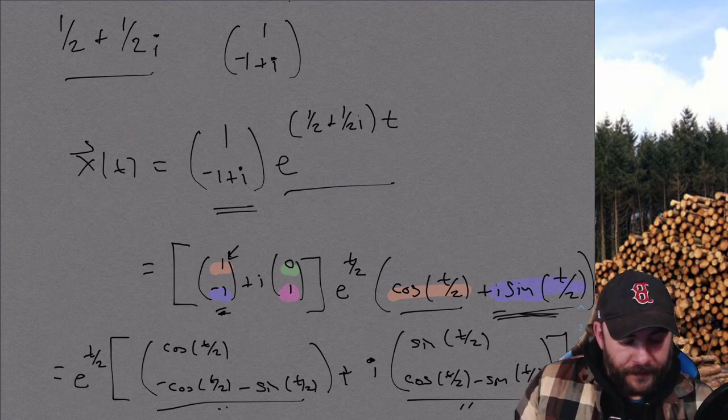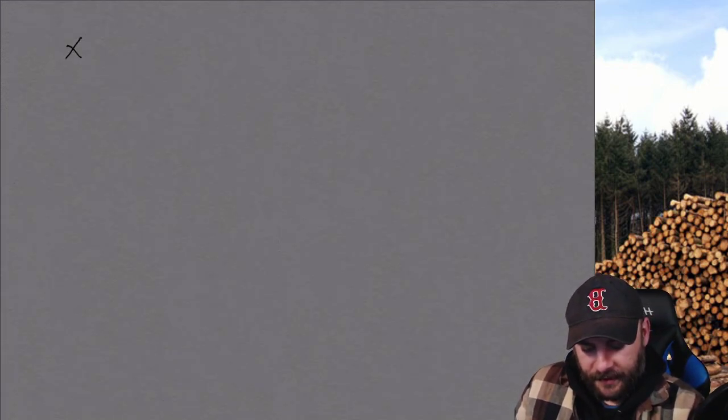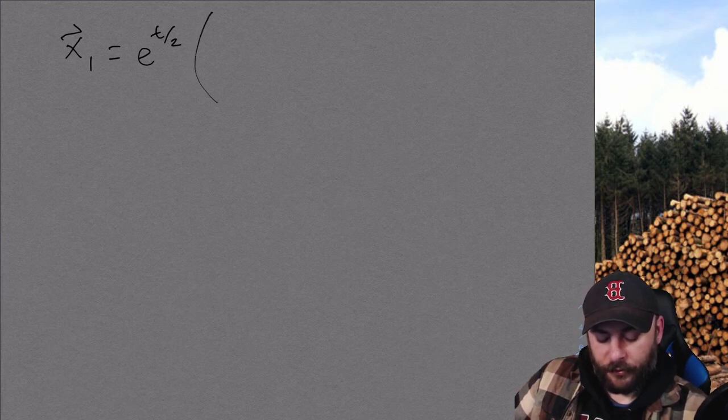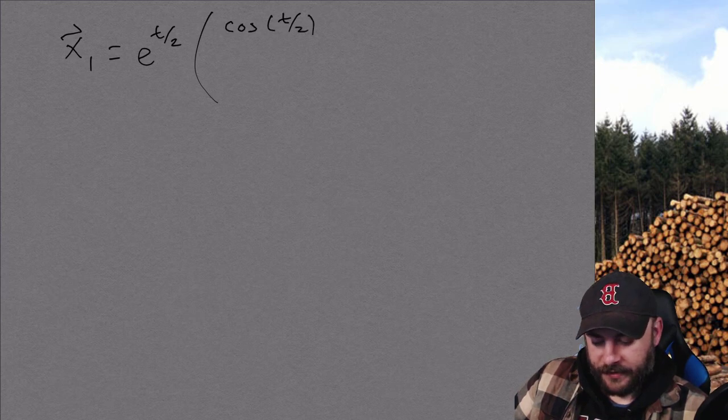And so what I've got, if I push down one more, is I've got x1, which is a vector valued function, which is equivalent to e to the t over 2 times all those real valued parts in those vectors.